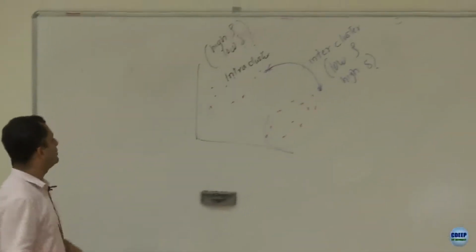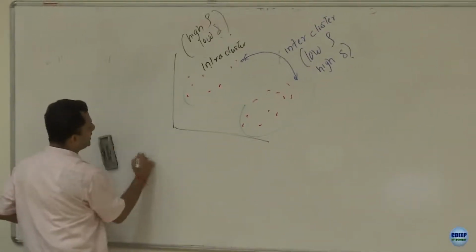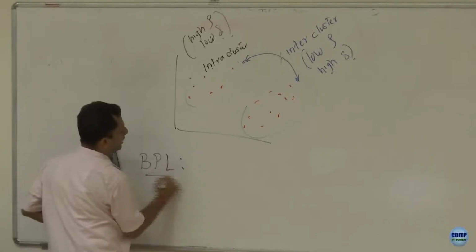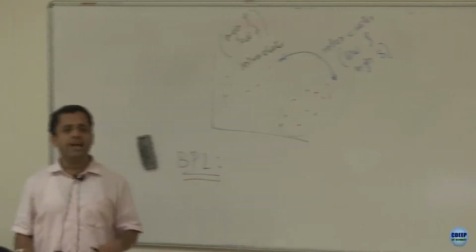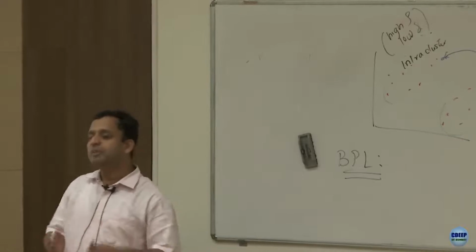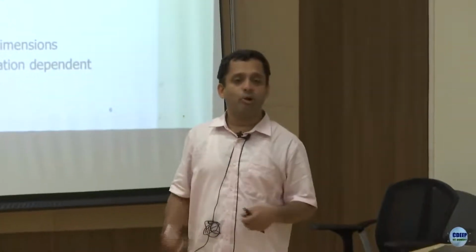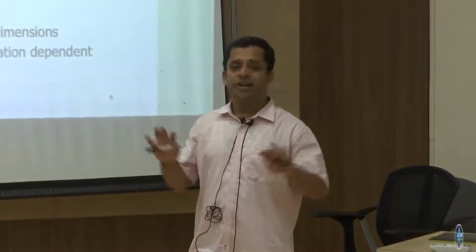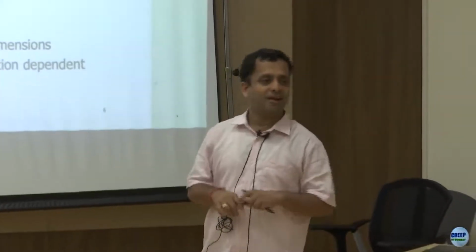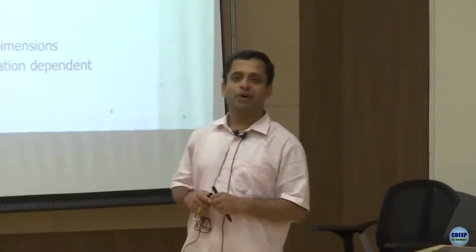So for example, let's take the example of below poverty line. What would be a noisy dimension? Something that may not correlate well with whether a person is below poverty line or above poverty line. Hopefully not degree, right? I mean, I hope that degrees make some sense. But what else?